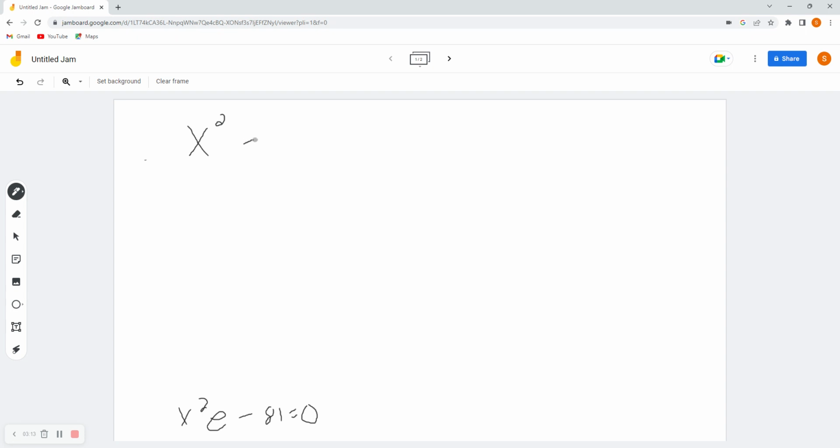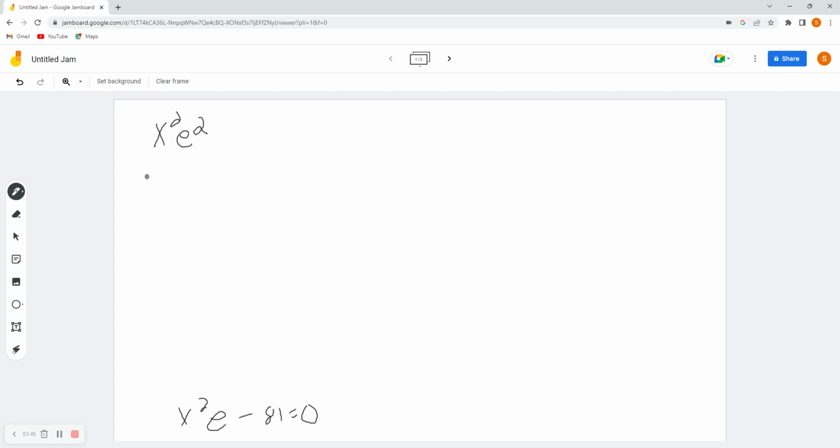Because x squared minus 81 equals 0, you factor this into x plus 9 times x minus 9, and you get x is equal to plus or minus 9. But with this equation, if we do the difference of squares, we end up with x squared e. So we don't want that.